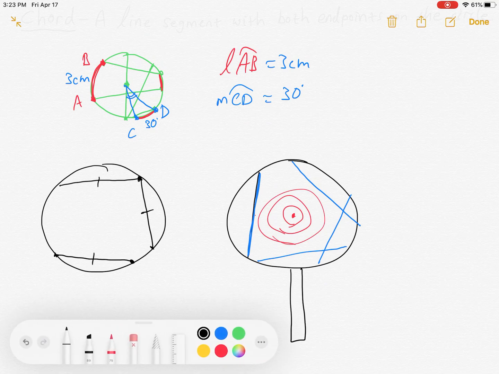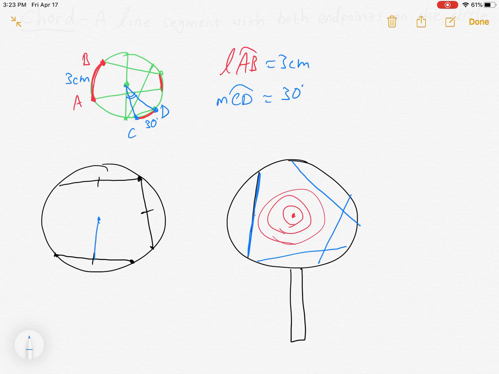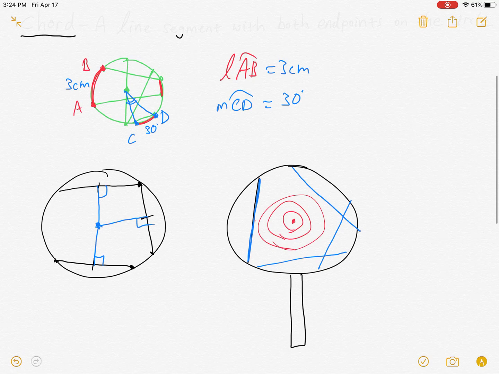Let's go back to this original figure. We'll draw one more maybe here. Say these are all the same length. We've discovered that these are all the distance to the center. So if you want to do distance from a point, the center, to a line, you must measure that perpendicularly, right?